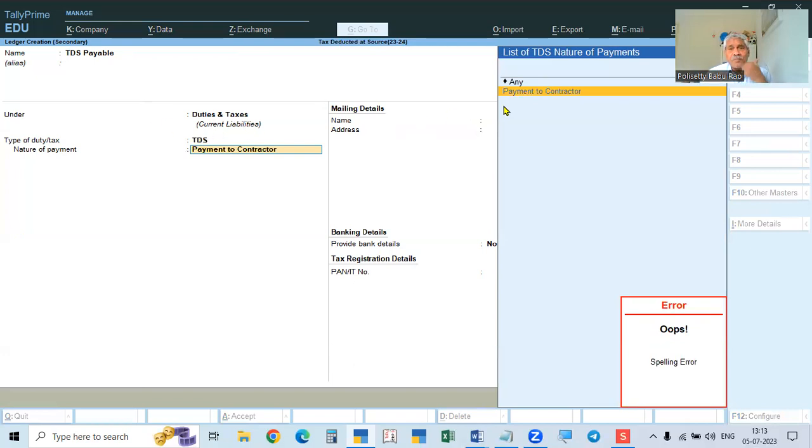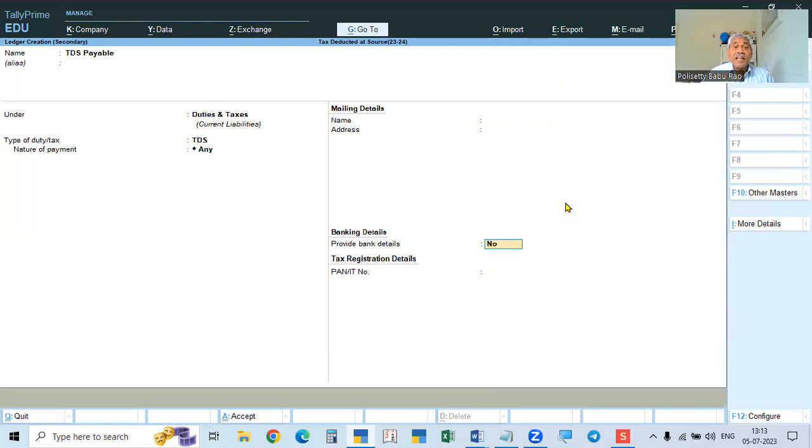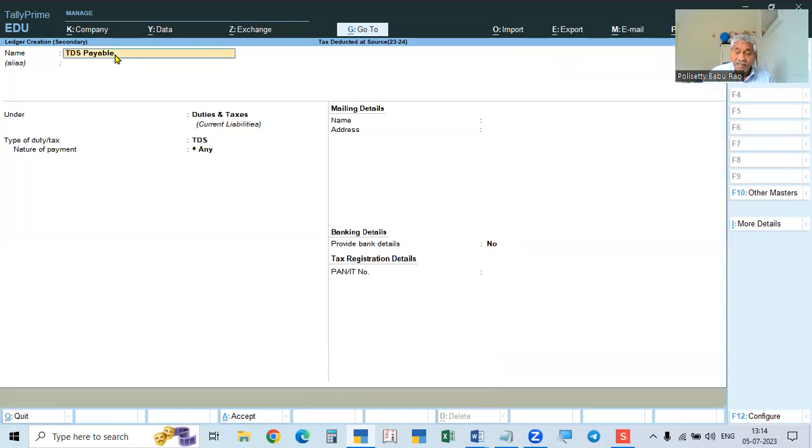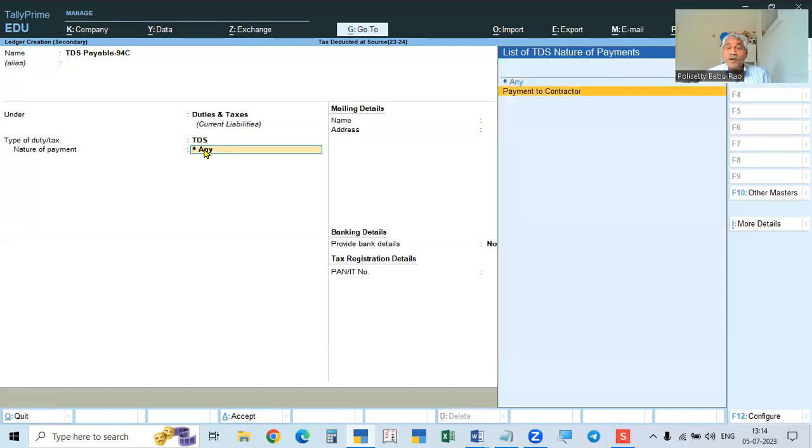So for all types of payments, we can take one account, or otherwise, if you want to show each one, we have to create one for each. In this case, I added a hyphen at the end, so we can get 94C. 94C means payment to contractor.